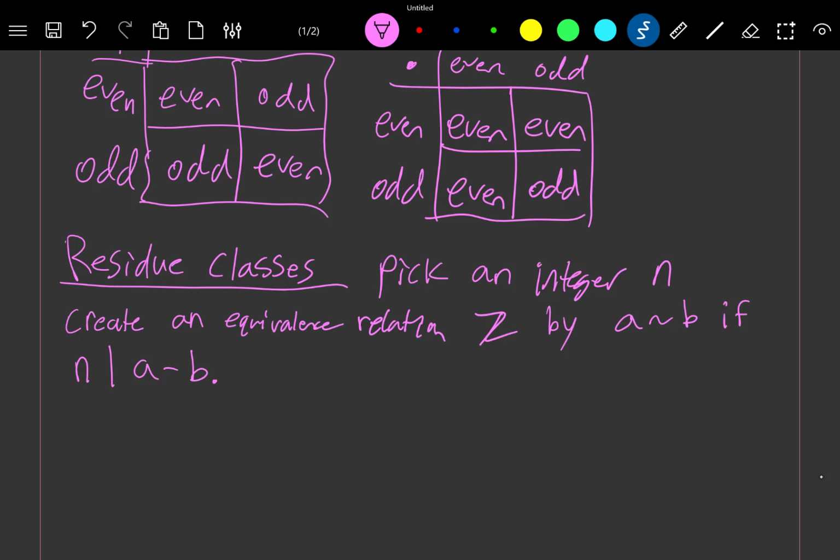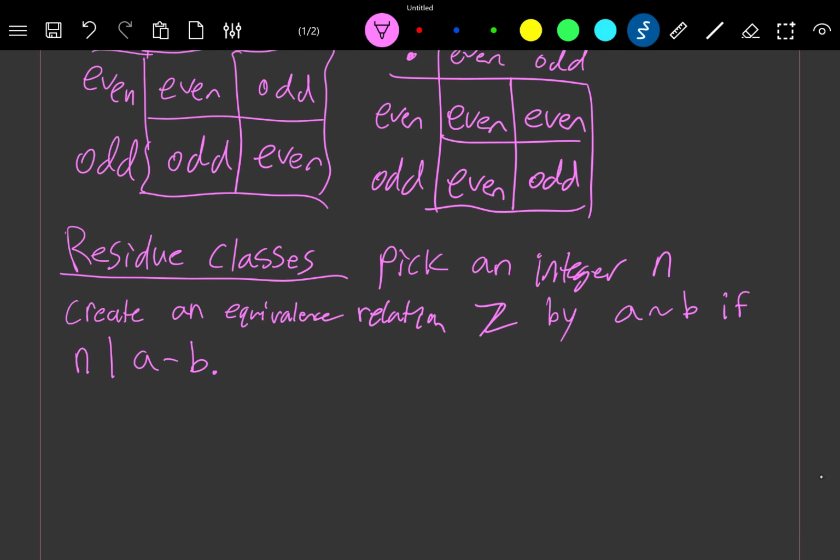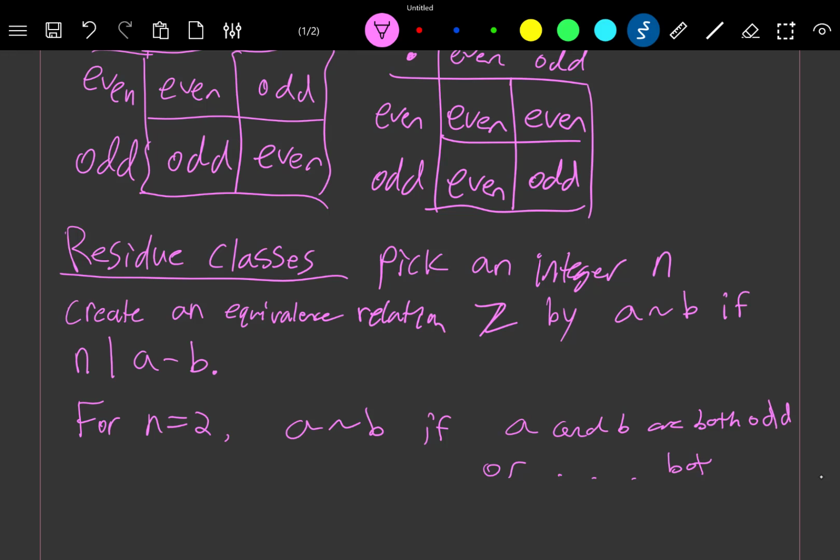So what does this mean? The way I like to think of equivalence relations is you have a bunch of things and you're just putting them in boxes. For example, for n equals 2, a is equivalent to b if a and b are both odd, or a and b are both even.